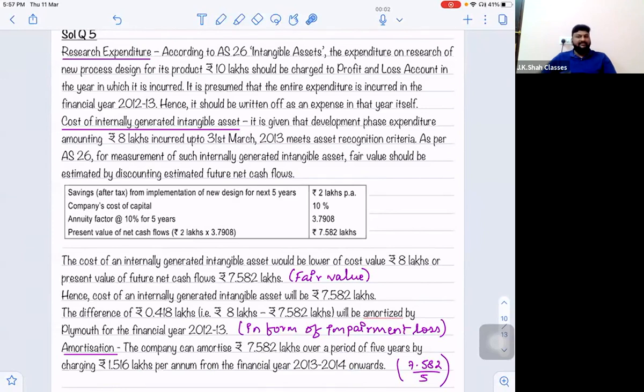Because the pattern of benefit is equal for all the 5 years, the company can technically follow the straight line method. So directly 7,58,200 divided by 5. This is how you will be charging the amortization. So this is your full-fledged solution.